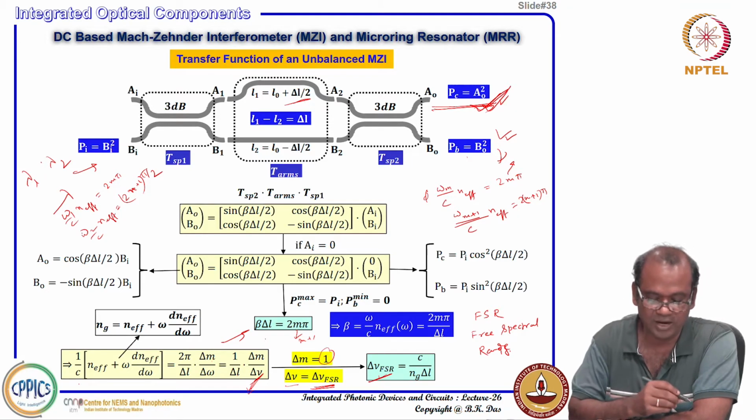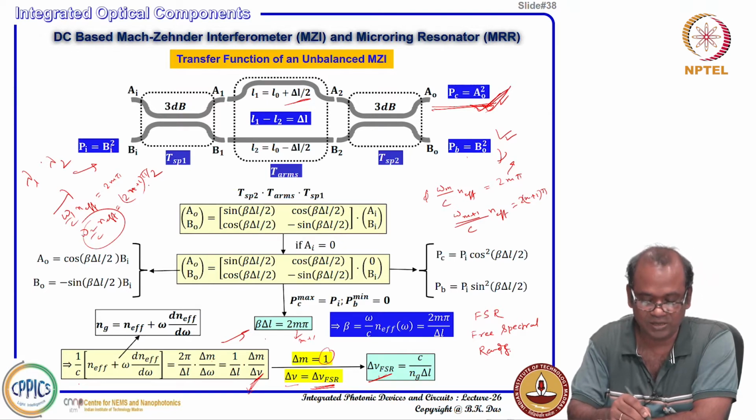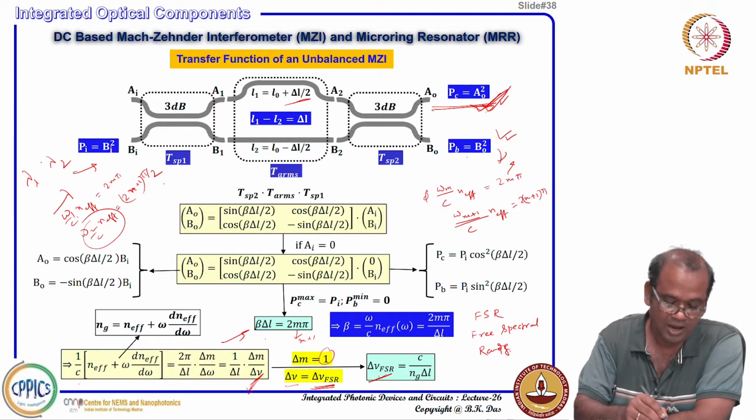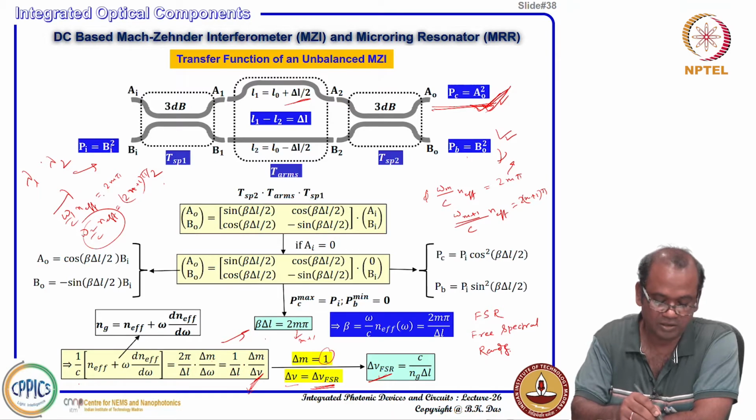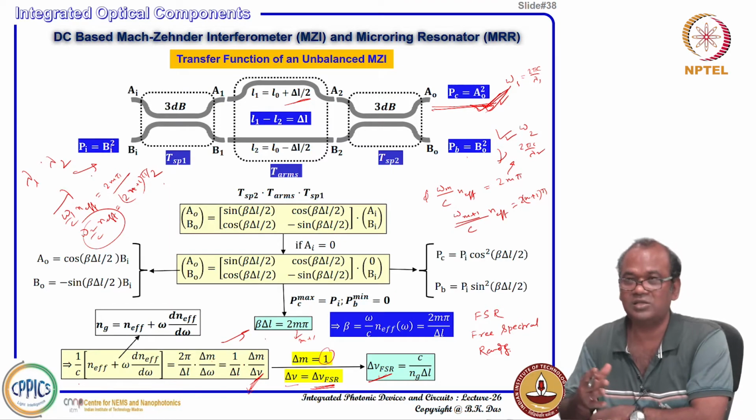So, omega 1 and omega 2: if you adjust such that this value is an odd integer multiple of pi by 2 and the first frequency gives an integer multiple of 2 pi, then omega 1 will appear here and omega 2 will appear here. Omega 1 means 2 pi c by lambda 1, and the other is 2 pi c by lambda 2. So, you can separate the two wavelengths.